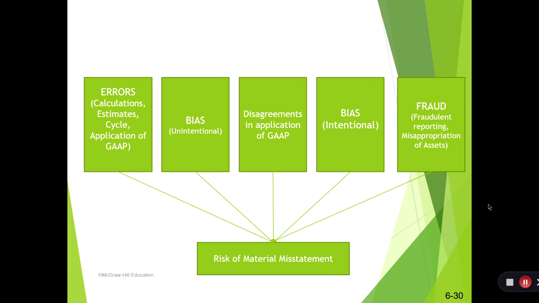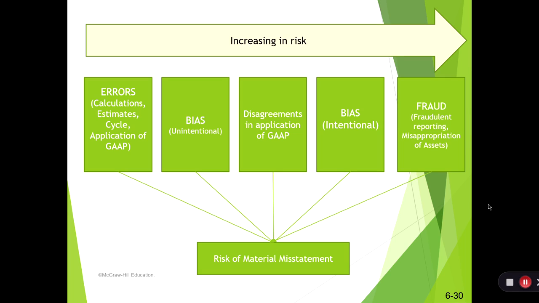So there's some judgment there, but this is a little graphic I created just to think about what are the different reasons why we could have material misstatement, right? And it starts with kind of, and these kind of increase in risk. So errors are just calculation was wrong, estimate was wrong, you applied GAAP incorrectly because you didn't understand it.